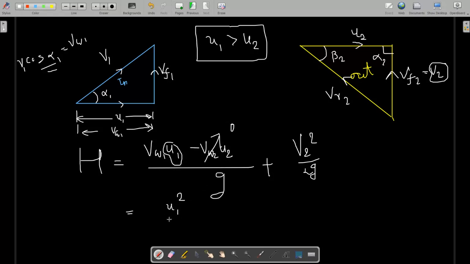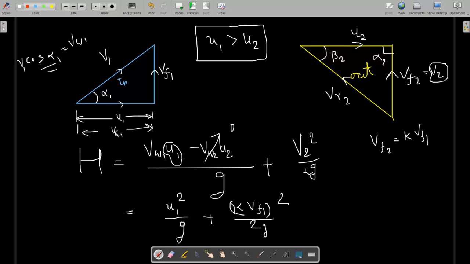So we only have U1 square by g plus V2 square by 2g. V2 is what? From the figure it is Vf2, and Vf2 in the question is given as K times Vf1, the velocity of flow. So just write K times Vf1 whole square by 2g.